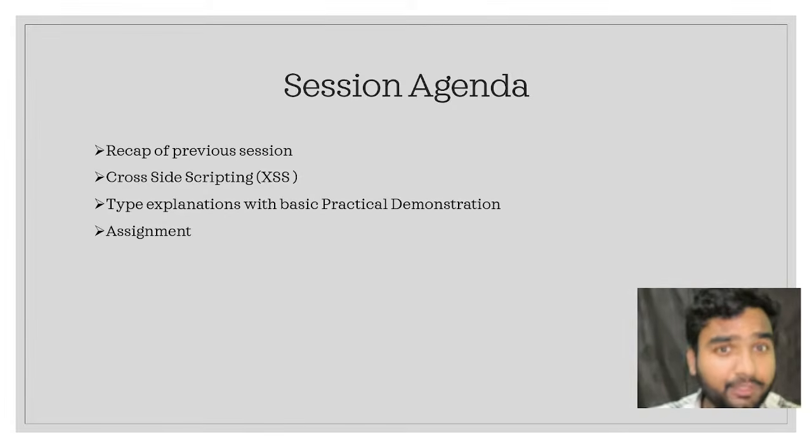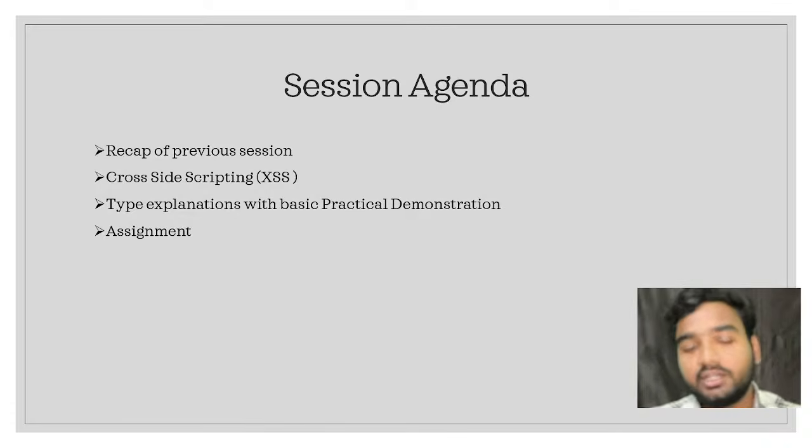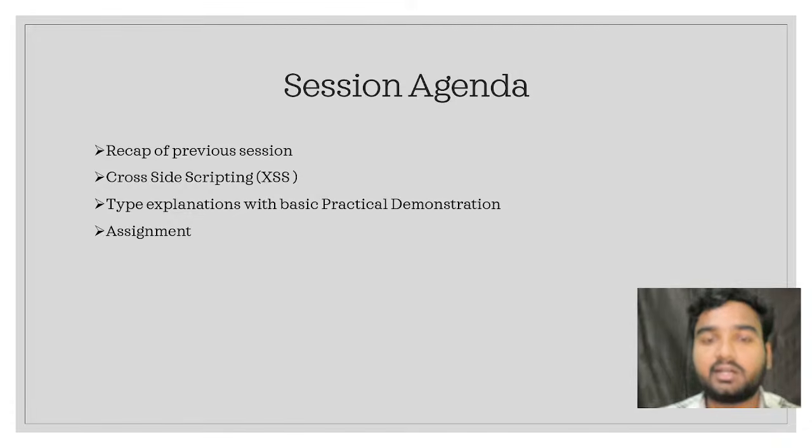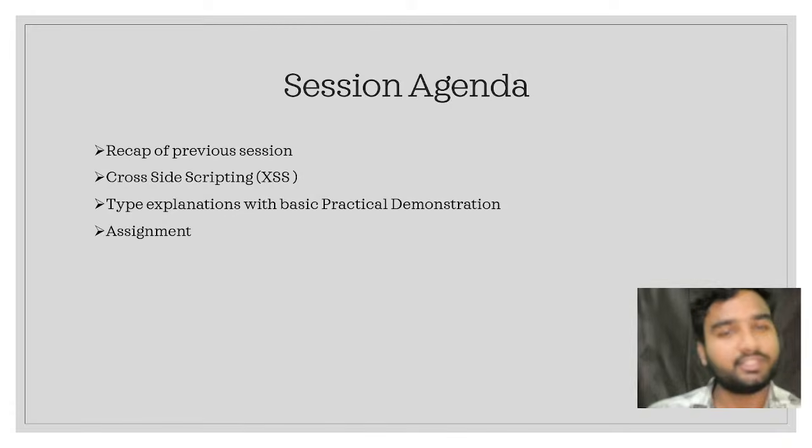The second point is a basic recall of the definition of cross-site scripting. Then the type explanation, where we will learn in brief but with examples, about the types of XSS with some practical demonstration. The next one will be your assignments.